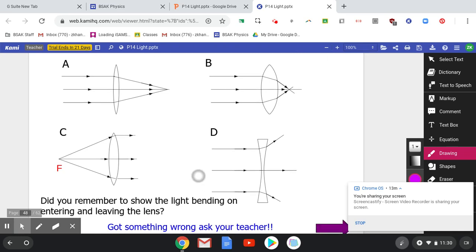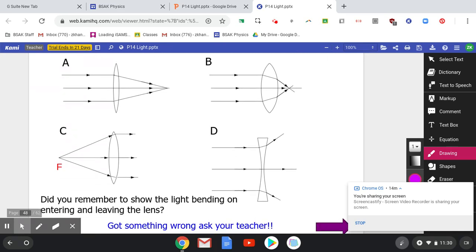Part C is the challenge question. If the rays originate at the focal point, it's the same as A but in reverse. So it's originating from here, the light rays are coming out that way, and they will come out of the lens parallel.